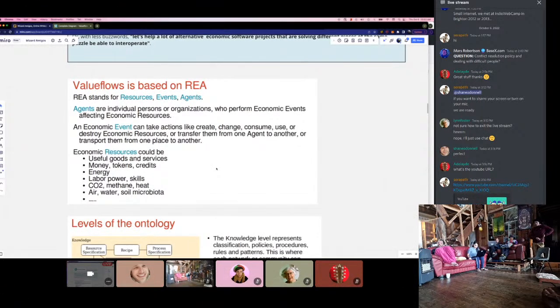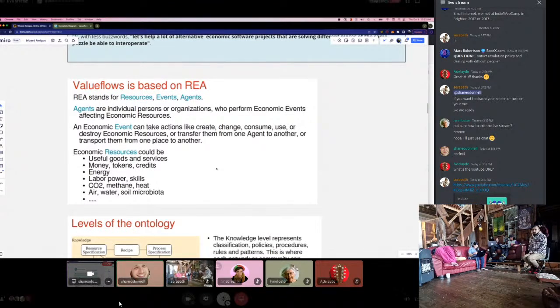So REA stands for resources, events, and agents, and these are really the backbone of Valueflows. Valueflows adds a lot more onto that, but let's start with that. An agent is any person or group that does economic activities and helps move around economic resources.